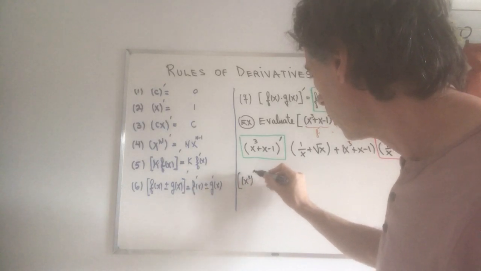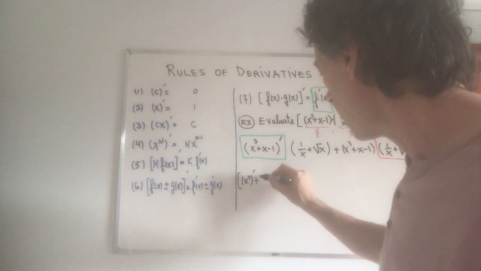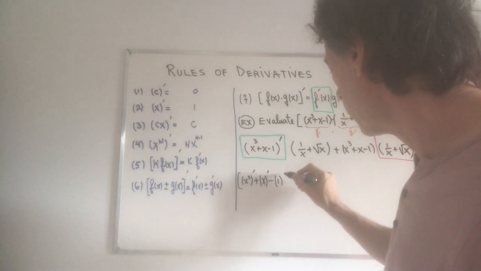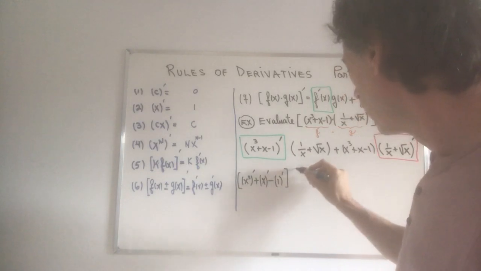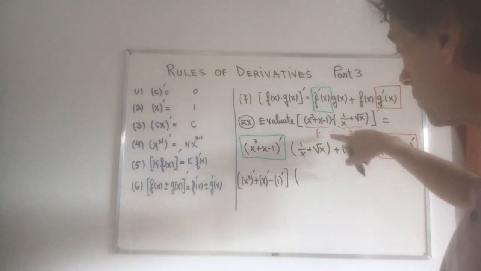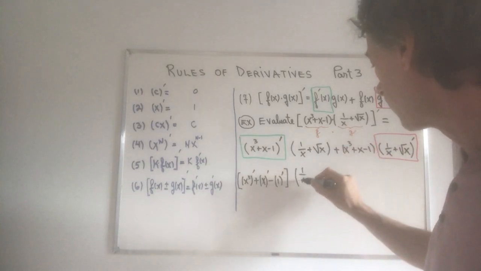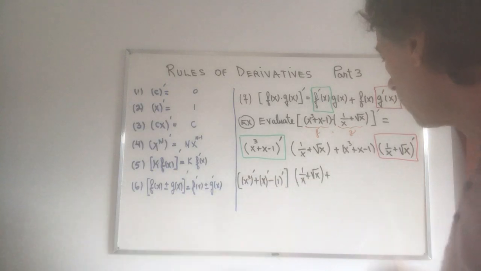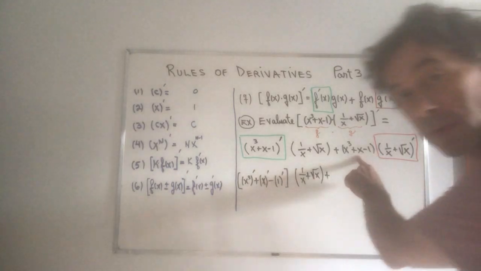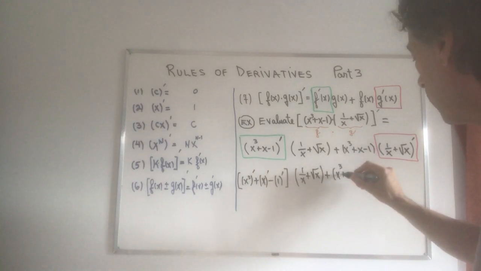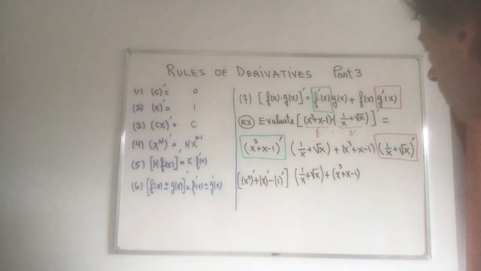x^3 gets the prime, plus x gets the prime, minus 1 gets the prime, times this baby here, 1 over x plus root x. Notice, no prime, so I just rewrite it, no prime, plus x^3 plus x minus 1, no prime.